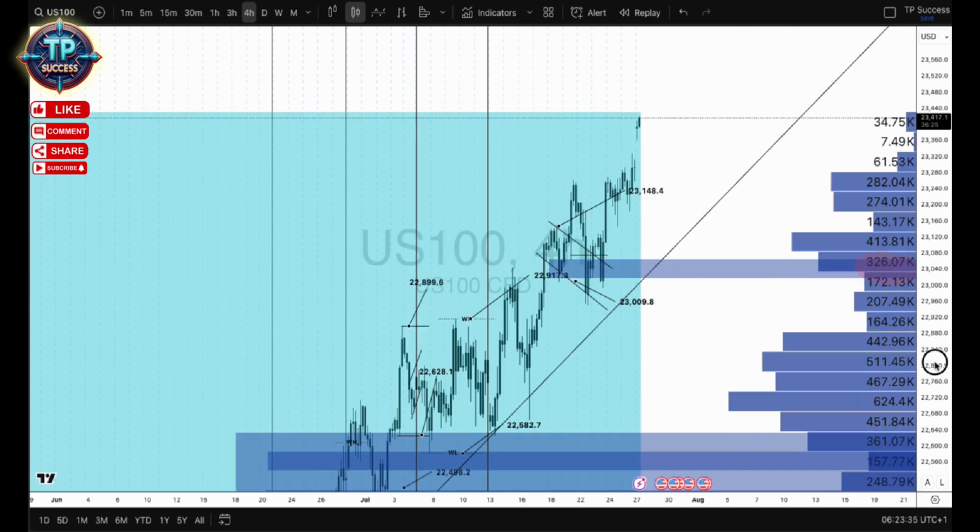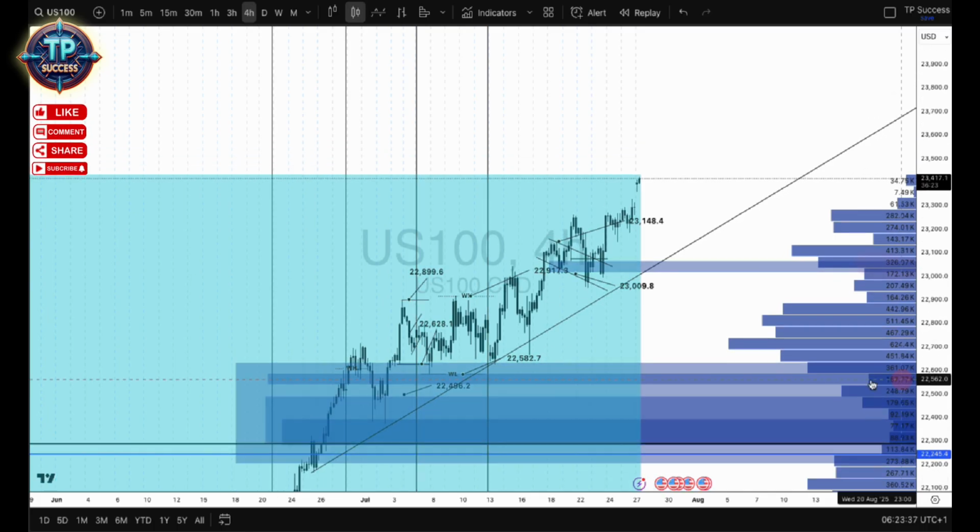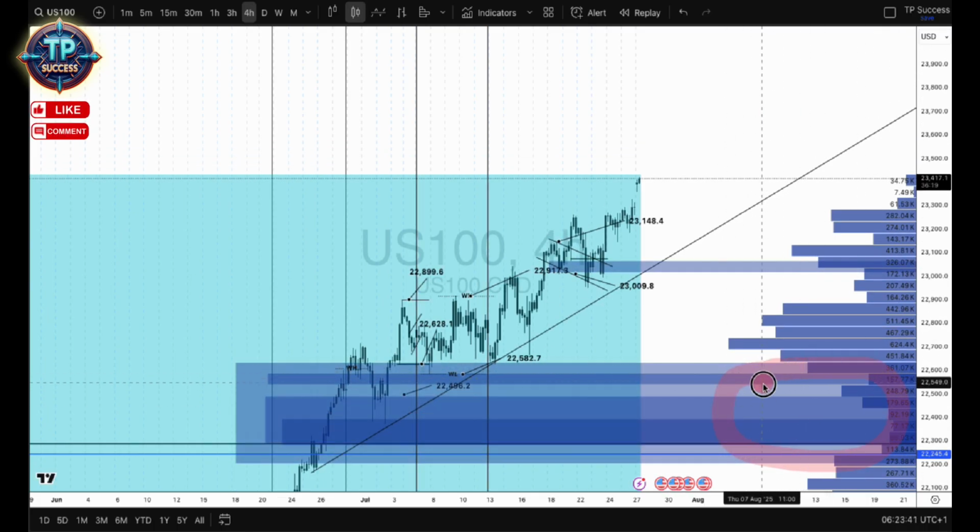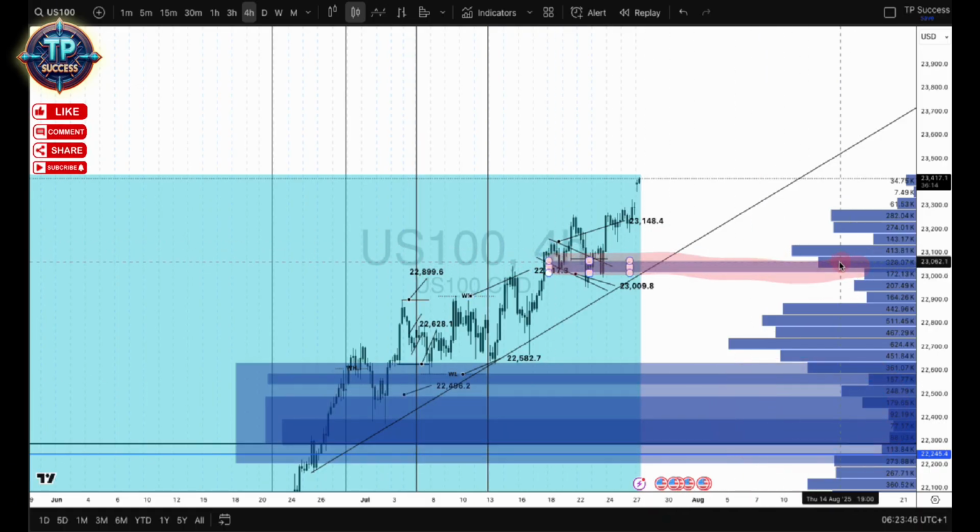That's the only reason why I draw out these rectangle boxes, only in low volume node areas. I should not have said value, I should have said volume, my apologies. So we had a low volume node in this area at the time of the recording last week.